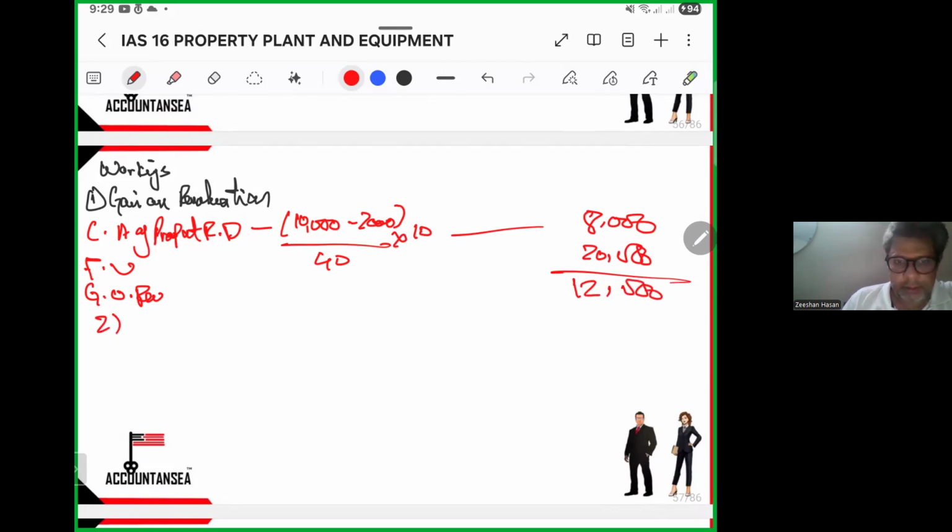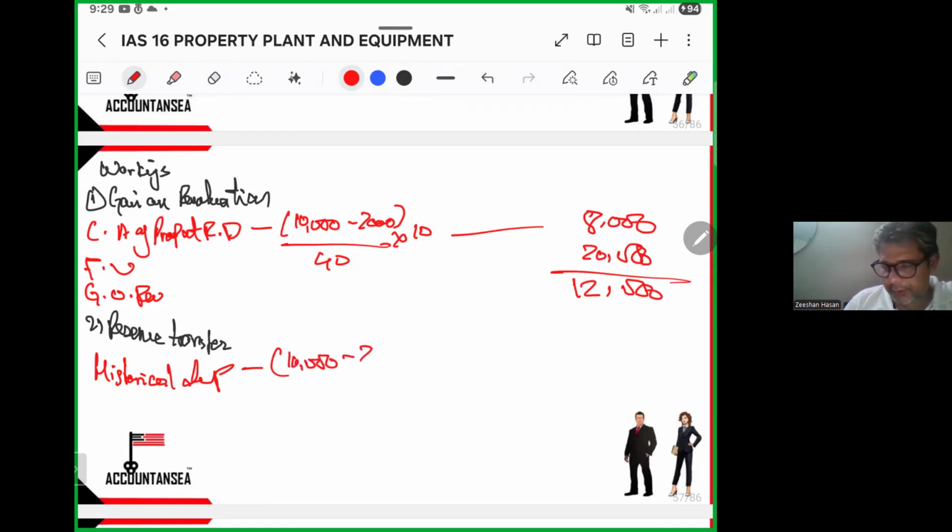Now, reserve transfer. Historical depreciation: 10,000 minus 2,000 divided by 40, we got 200.